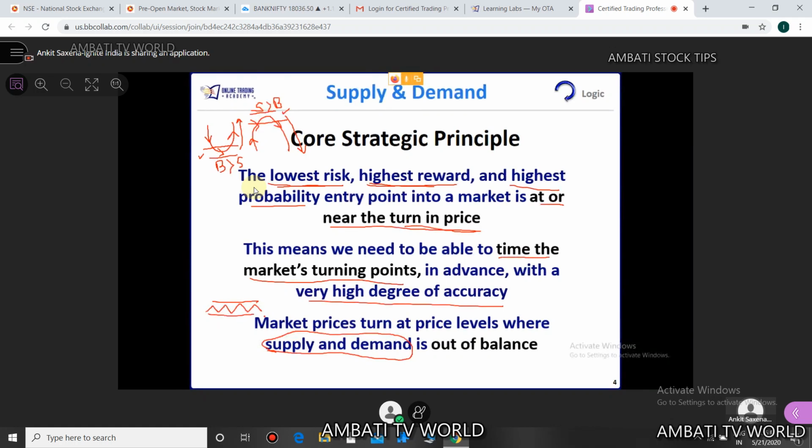If supply and demand is imbalanced, which means buyers are greater than the sellers, the prices will go up like this. If the sellers are greater than the buyers, the prices will go down like this. Getting my point, everyone here? Am I clear here? Okay, let's move ahead.